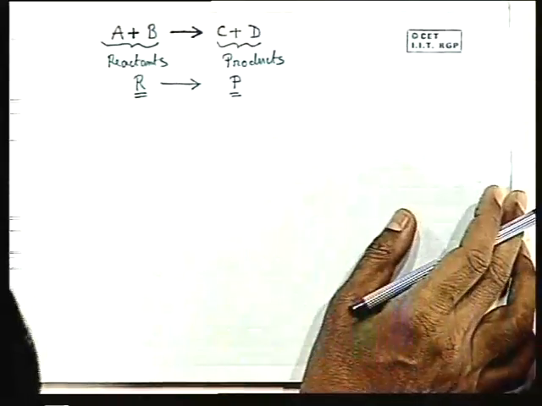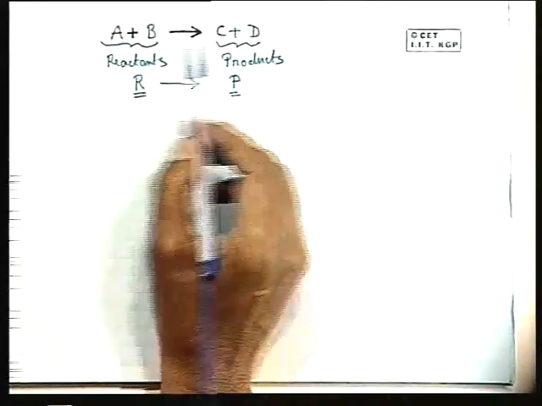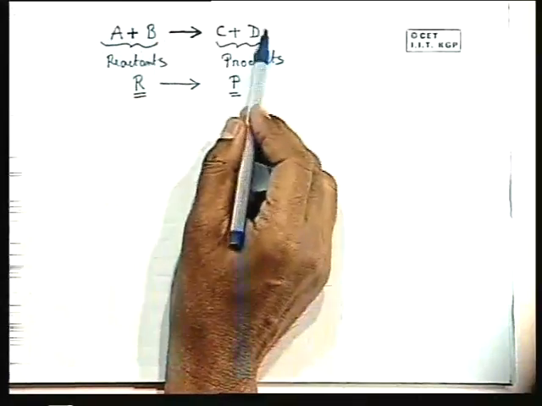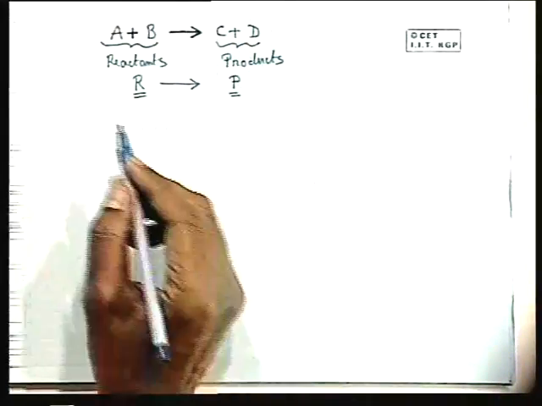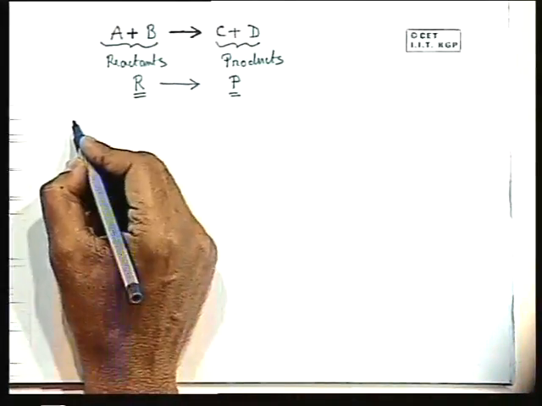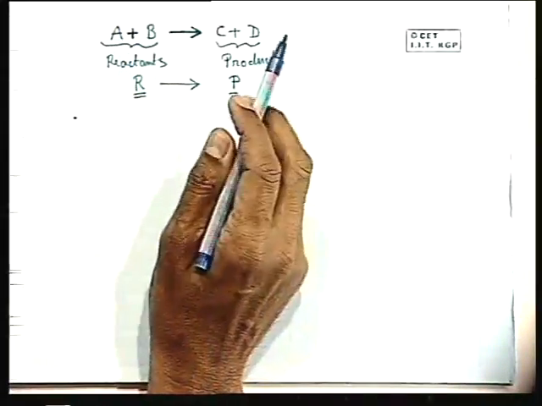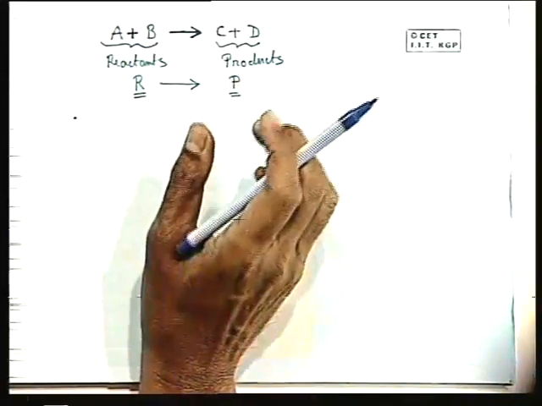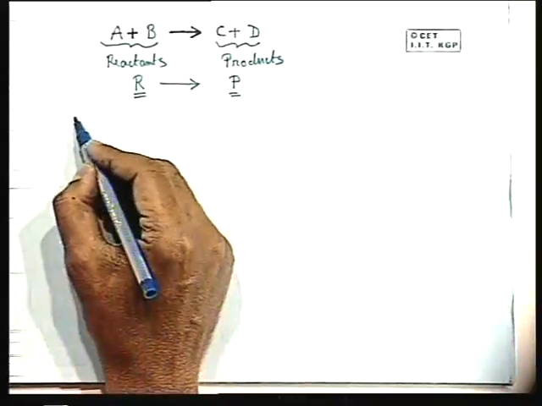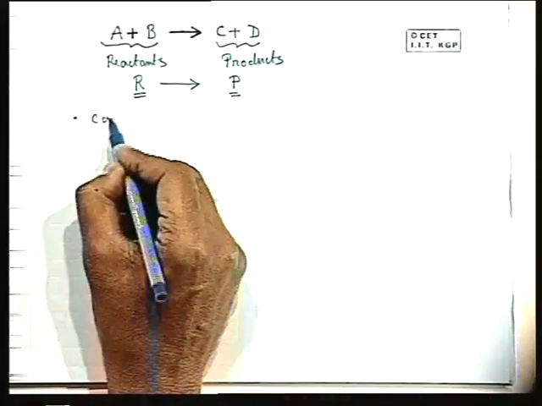Now, as you know, when this reaction takes place, the total mass of the reactants must be equal to the total mass of the products. So, before that I must tell it this way, that will be better: for these reactions the conservation principles, the conservation of mass and energy, have to be obeyed. That means conservation of mass we write.